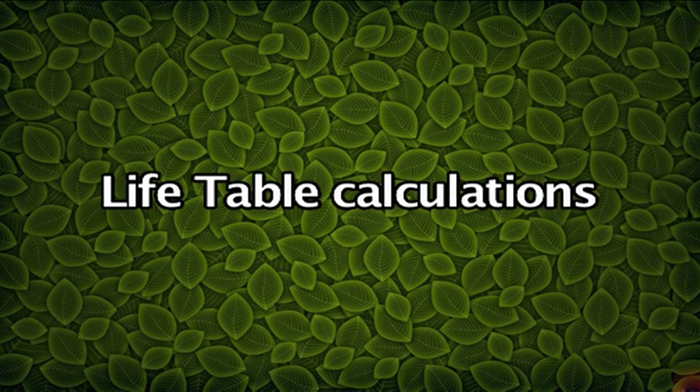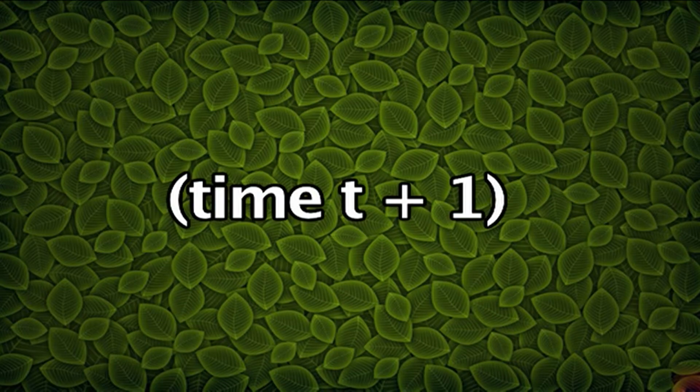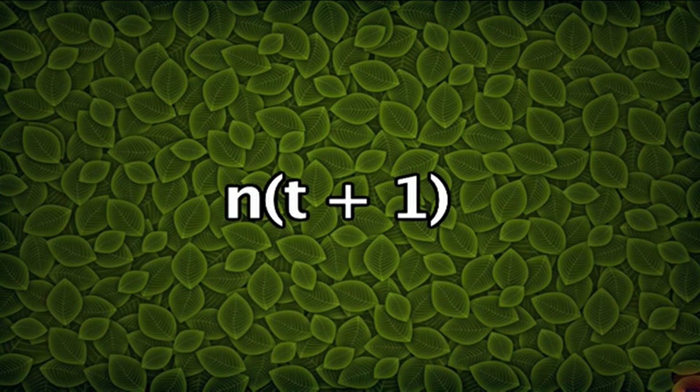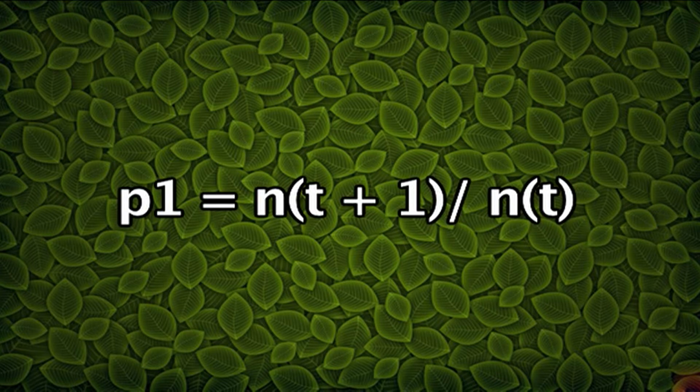Now, life table calculations. If we mark n_t plants at time t and then recensus them a month later, that is time t plus 1, and find n_(t+1) plants, we can estimate the survival probability as P1 is equal to n_(t+1) divided by n_t.